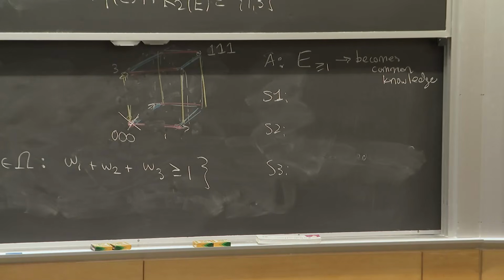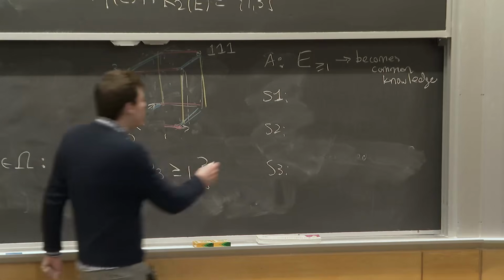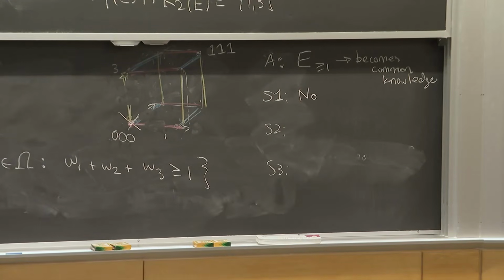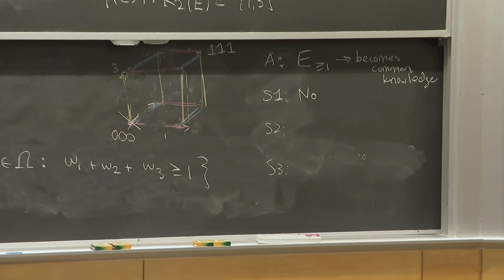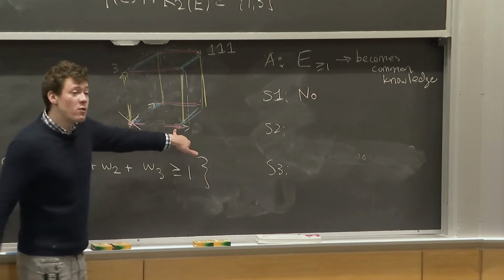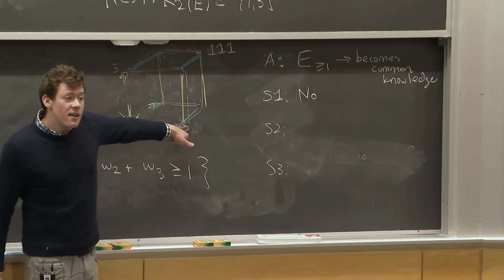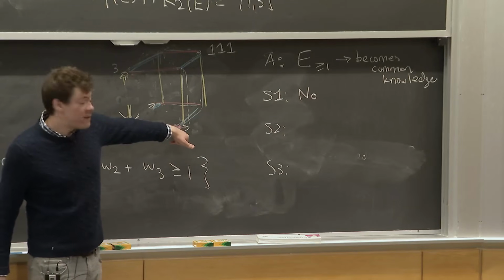So now, when we ask player 1, do you know your hat color, and player 1 says no, what do all the other players now learn about the state? What is the one state that they can rule out? Yeah. This one, right? Because if the state were here, player 1 would know for certain that his hat was red.